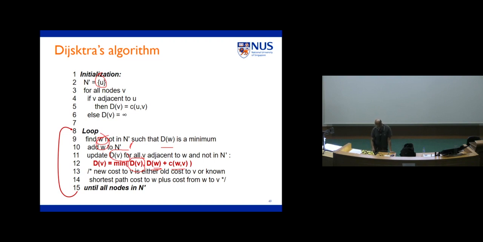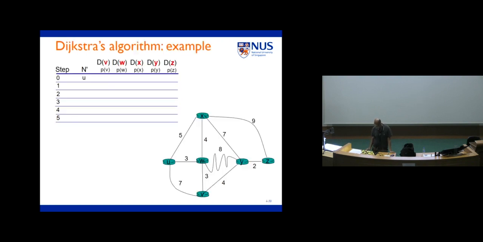Let me erase everything here. All right. So this was our example, and we had already done the initialization. So now we are in the iteration loop, and we are supposed to pick the node with the least cost. So here, these are my options. Which one do I pick?